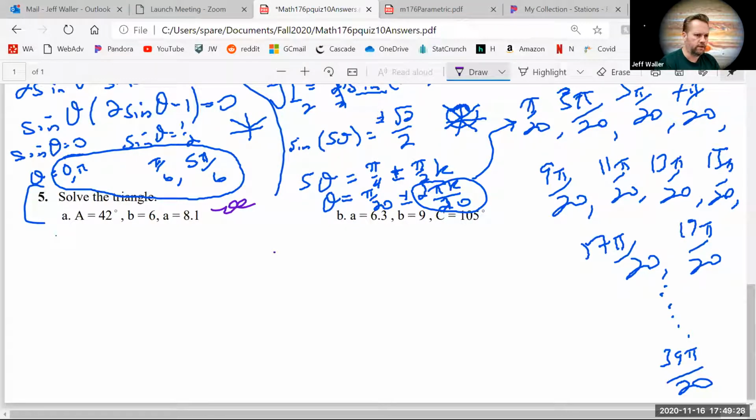So I can draw a little standard triangle. 42 degrees, we'll say this is A here. We got to draw a bigger triangle. All right, here we go.